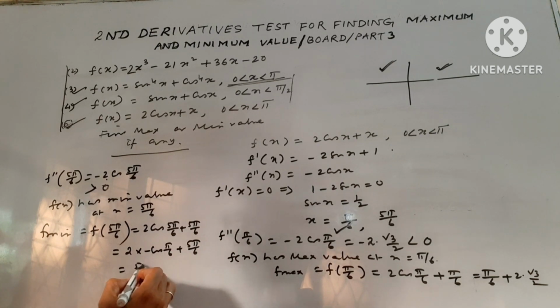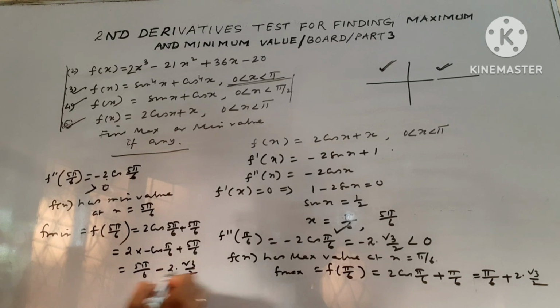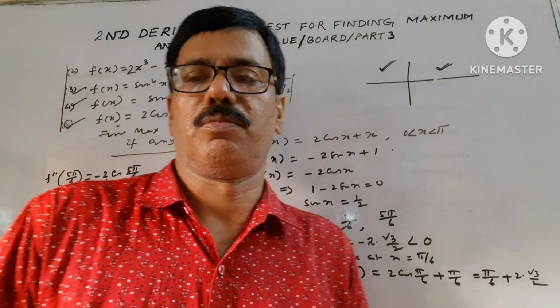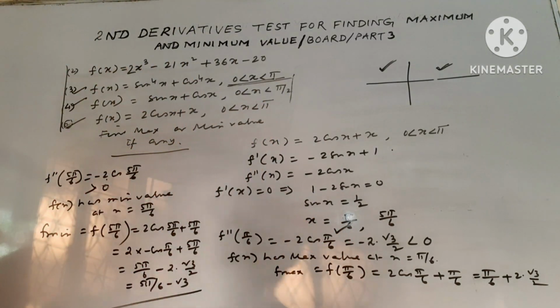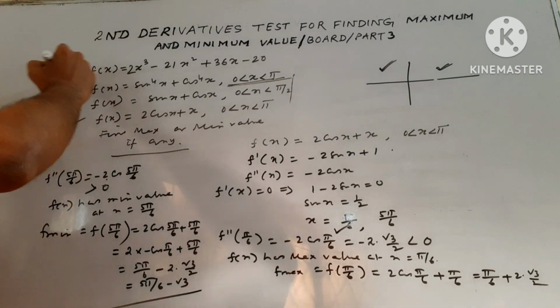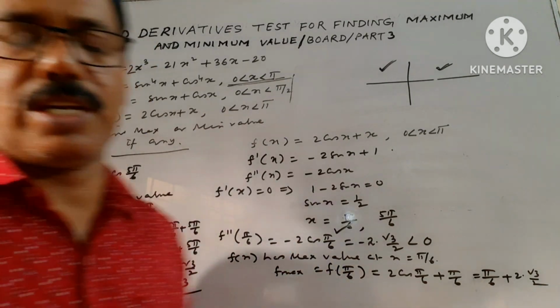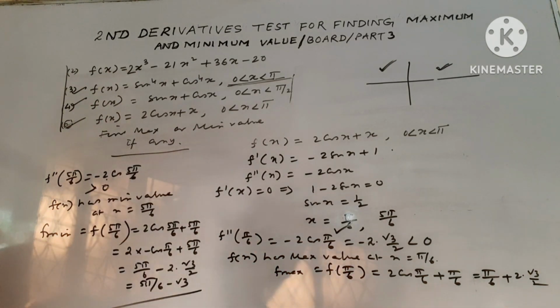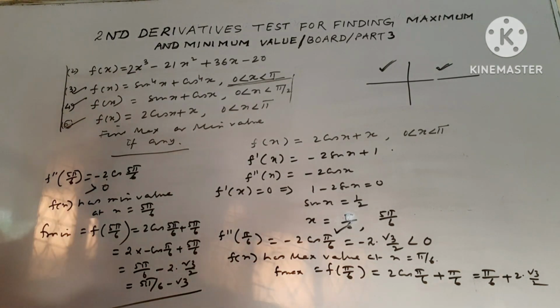So 5 pi by 6 minus 2 into root 3 by 2. So 5 pi by 6 minus root 3. So use the second derivative test for both points, algebraic and trigonometric.